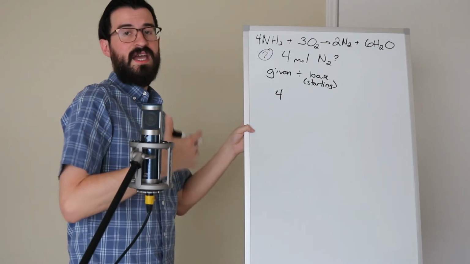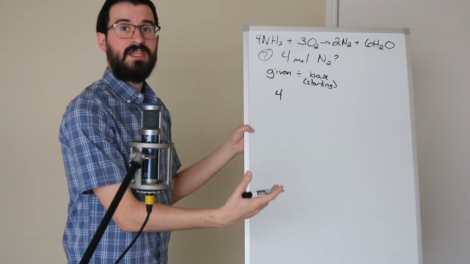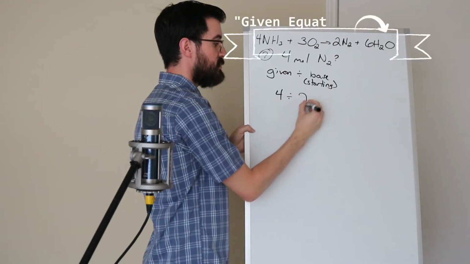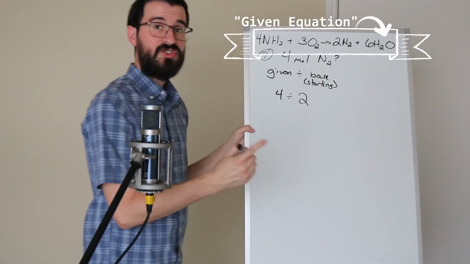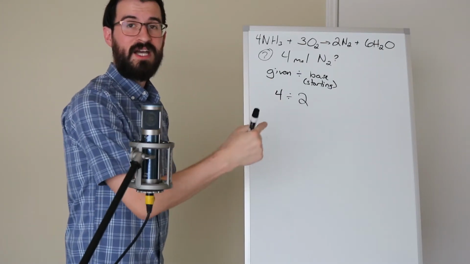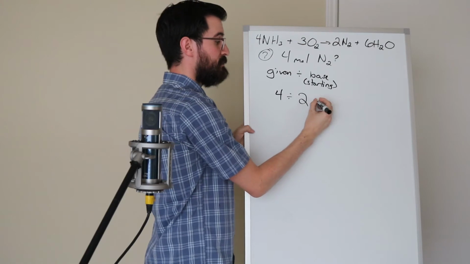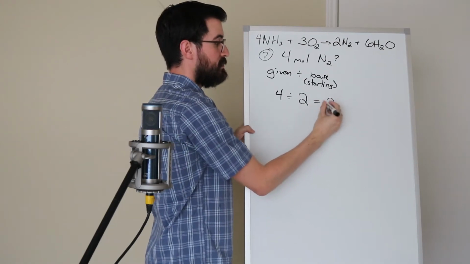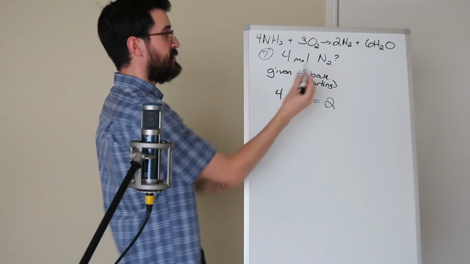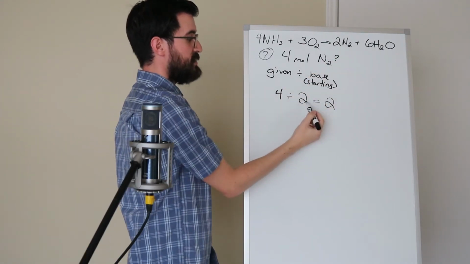In your original equation, you've got 2 moles of nitrogen. So the number that was multiplied by my original equation in order to provide my given was 4 divided by 2, which is 2. What this tells me is 2 has been multiplied by 2 in order to get to 4.